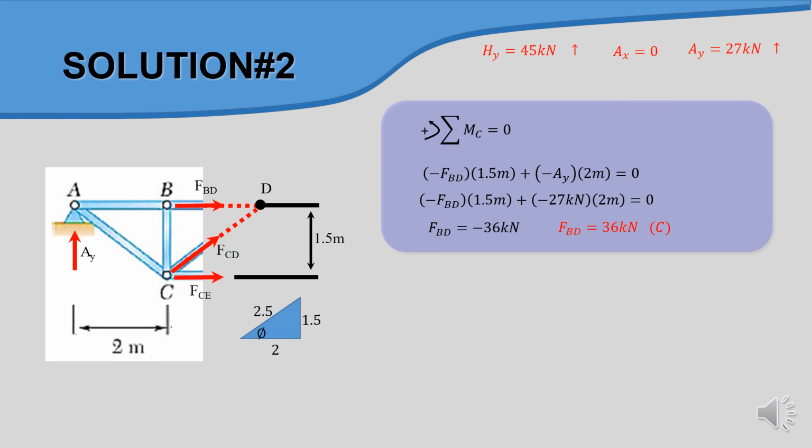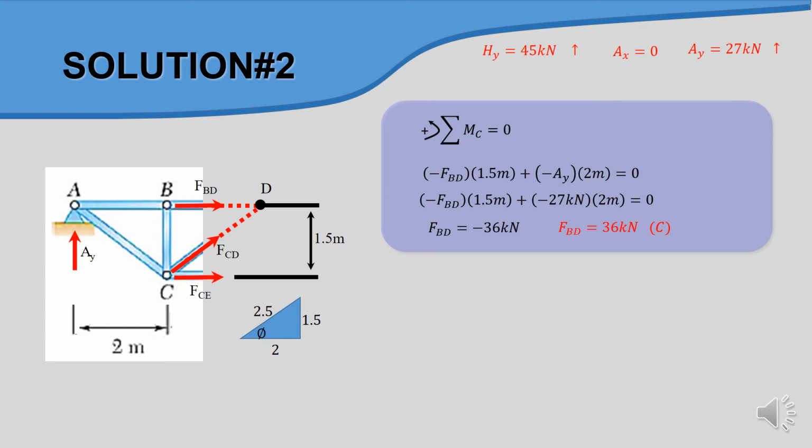In order to get the value of FBD, we need to take a moment at point C, which involves two forces, FBD and AY. In this case, the value of FBD is negative 36 kilonewton, which we set as tension, so the correct value is 36 kilonewton in compression.